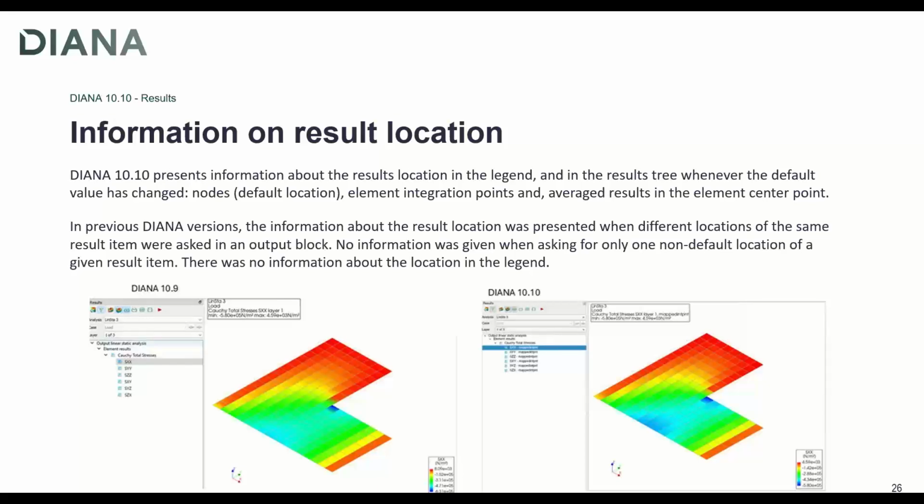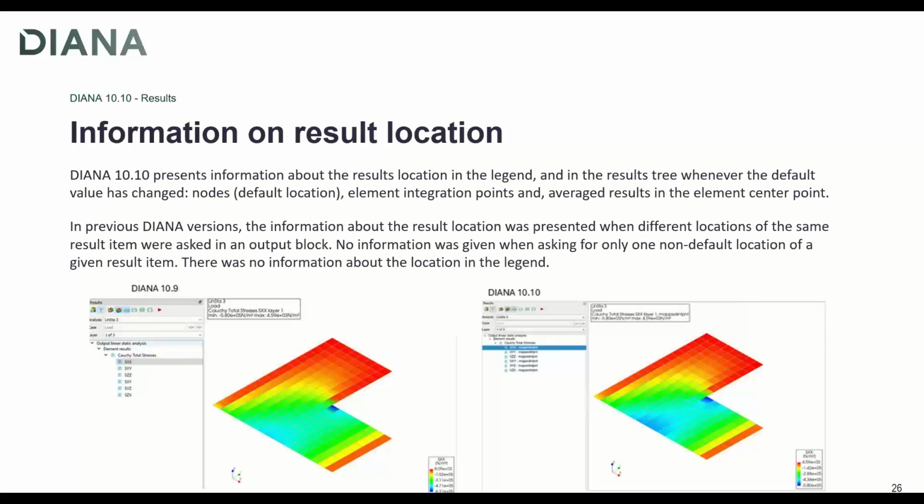So if you changed the default, but you only had one result type, then Diana would not display in the tree which location we were talking about. And also Diana didn't display the location in the legend, so in the title at the bottom, at the top, where we see the load and the name of the result.